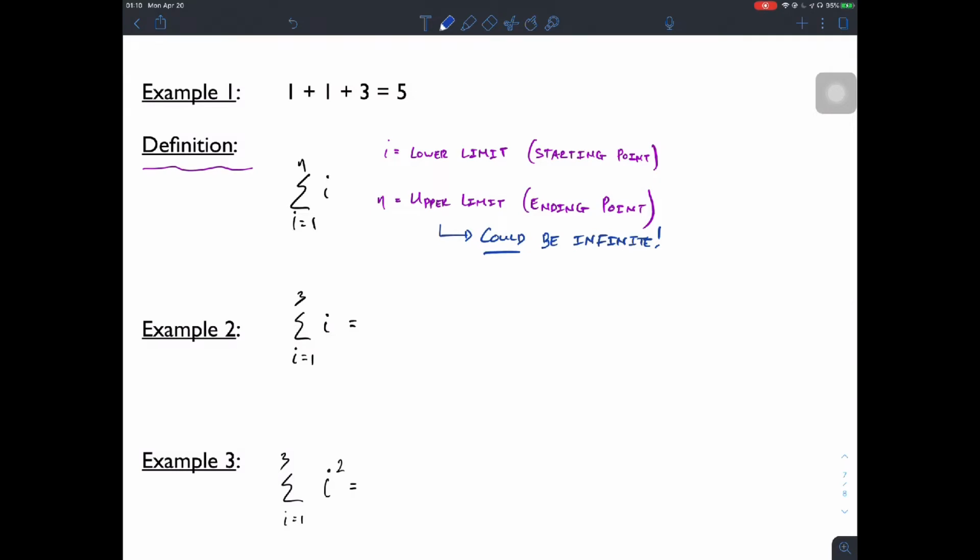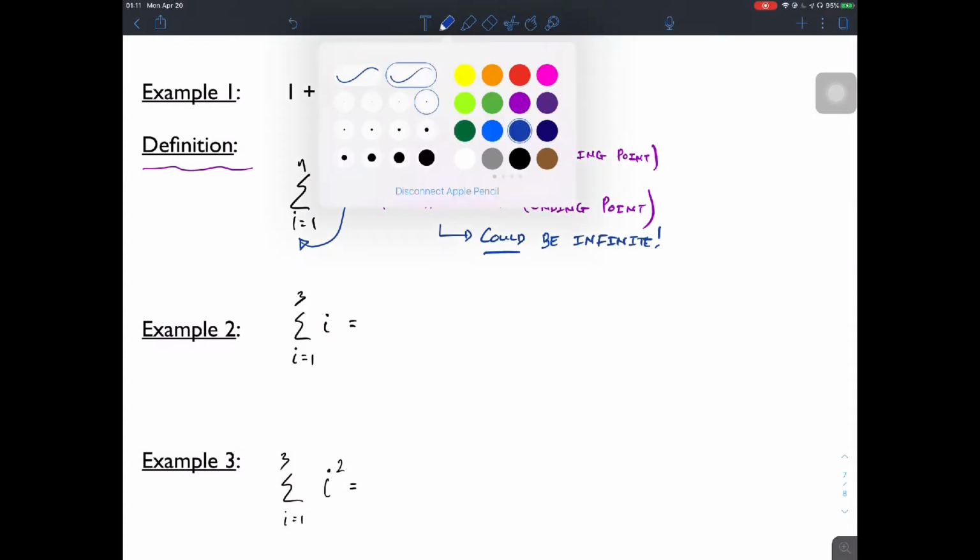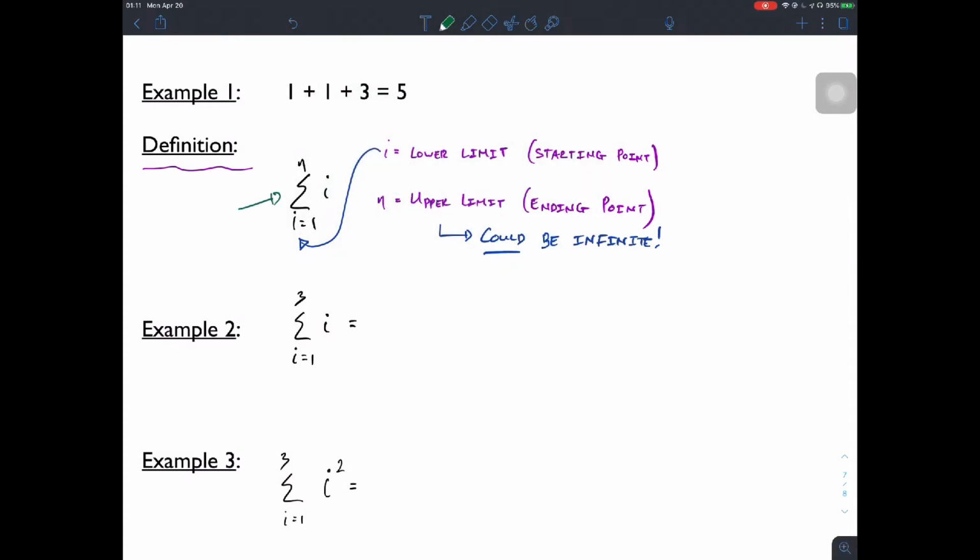Yet in this case, we're going to keep it simple and worry about finite examples. The lower limit, another thing to add, is specific to this I that's underneath the sigma notation. And just as a reminder, this is from the Greek alphabet, and it's specific to the capital Greek letter sigma.